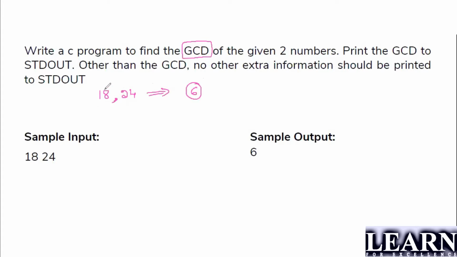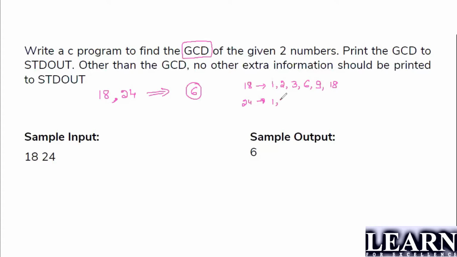In general, we'll have 18 and 24, and we check the factors of each. For 18 it will be 1, 2, 3, 6, 9 and 18.